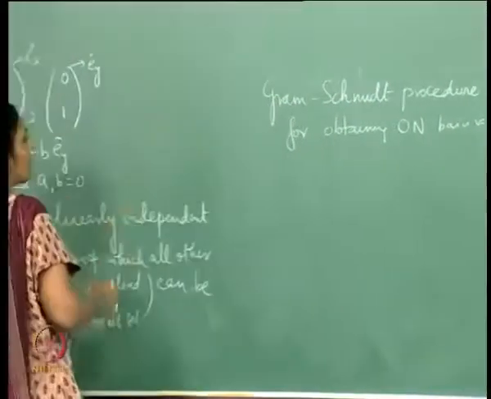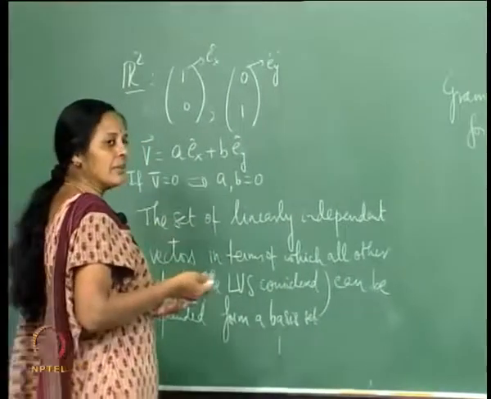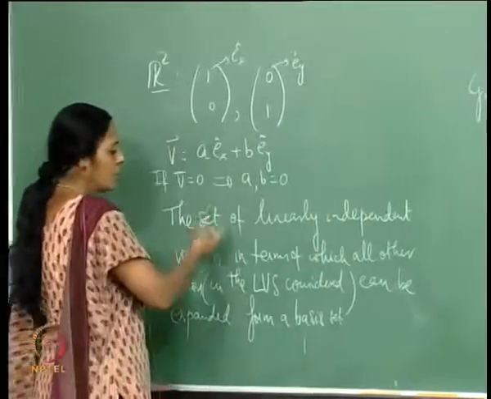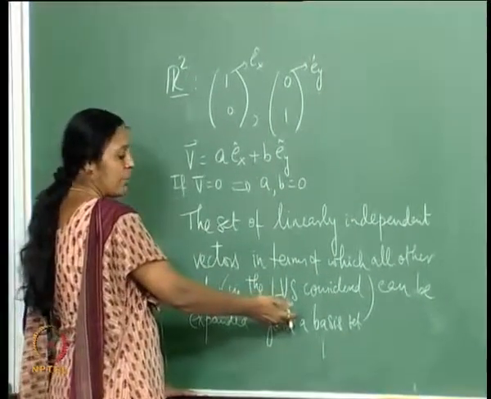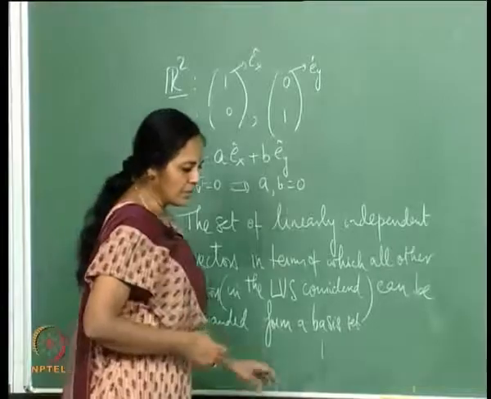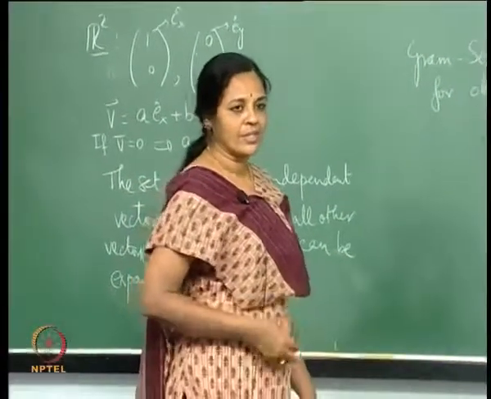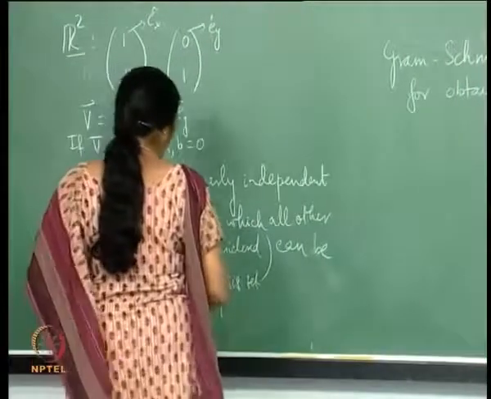And having used the Gram-Schmidt procedure, we obtain a set of orthonormal linearly independent vectors which form the basis set. So, when I say basis set, I assume that orthonormalization has already been done.